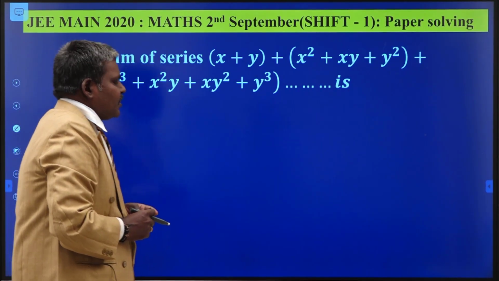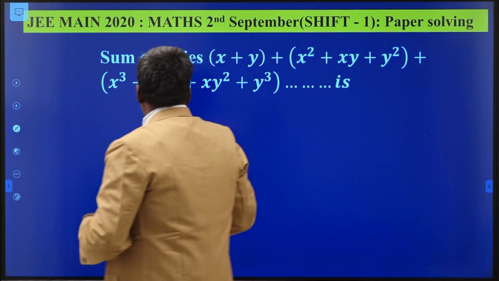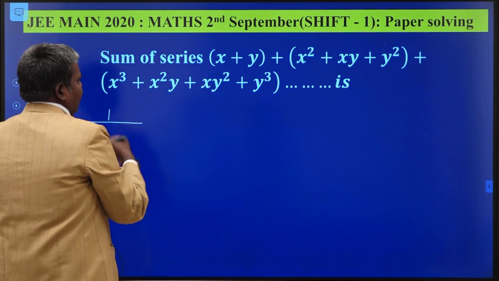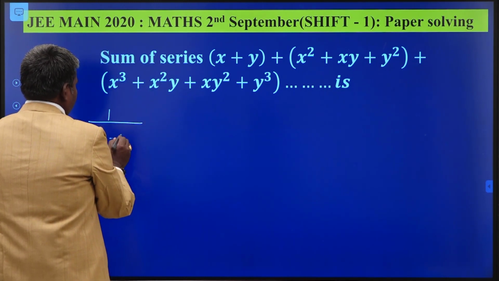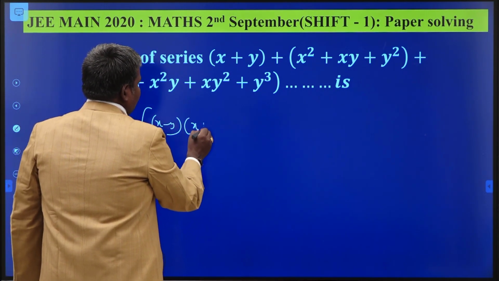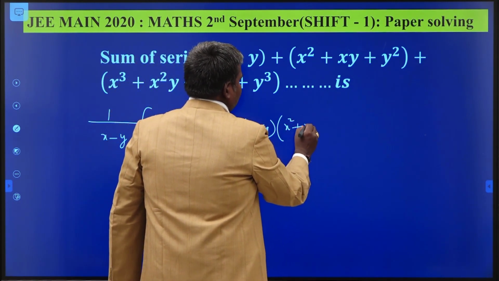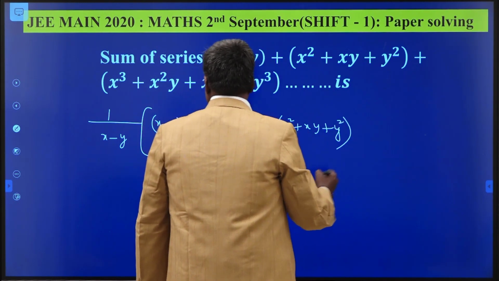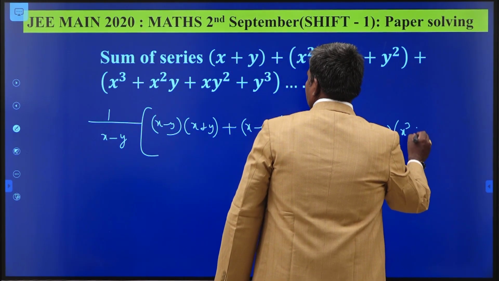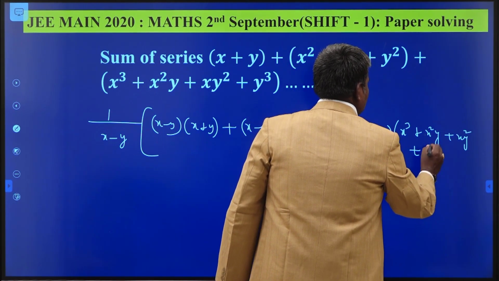See this question, sum of the series. This is also a very simple question after getting the third term. I separate the values, or simply divide and multiply by (x − y): 1/(x − y) into (x − y)(x + y) plus (x − y)(x² + xy + y²) plus (x − y)(x³ + x²y + xy² + y³) and so on.